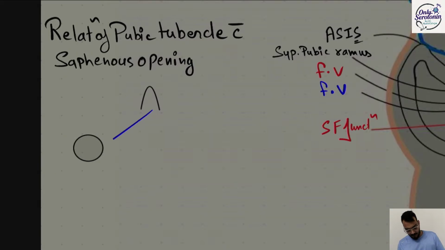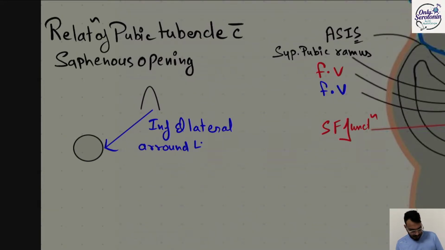The relation is what, guys? The saphenous opening is inferior and lateral to the pubic tubercle. How much, guys? It is around 4 centimeters inferior and lateral to the pubic tubercle.